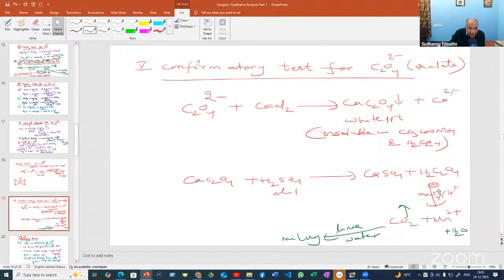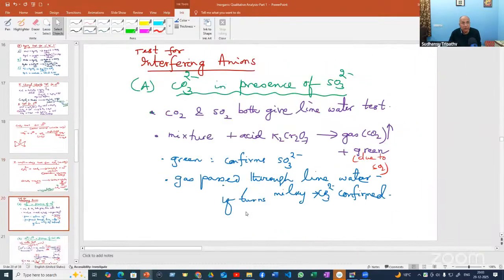Then you add acidified potassium permanganate solution, and the redox reaction with oxalic acid will produce carbon dioxide bubbles, and the purple color of permanganate will discharge, and the CO2 can be tested by the lime water test. Are you following?